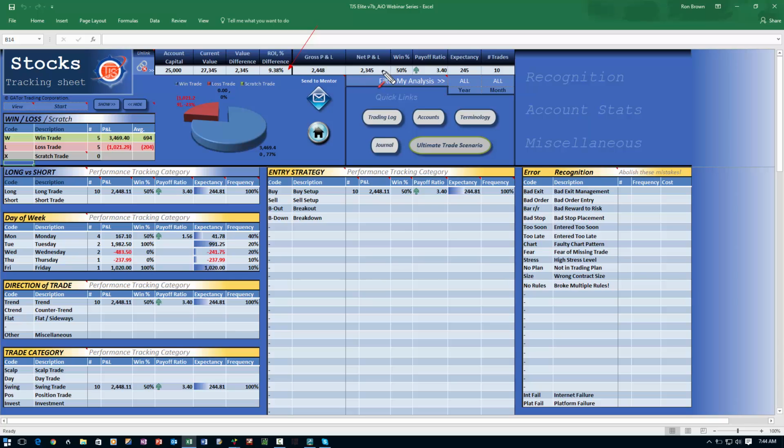Once again, here's the net, and I began with $25,000. This was real money. It wasn't paper trades. It's a small account. Some of the students did very well. They risked a lot more money than I did. Some didn't trade, but those who did trade, as a rule, made a fair amount of money during the course of the webinars.